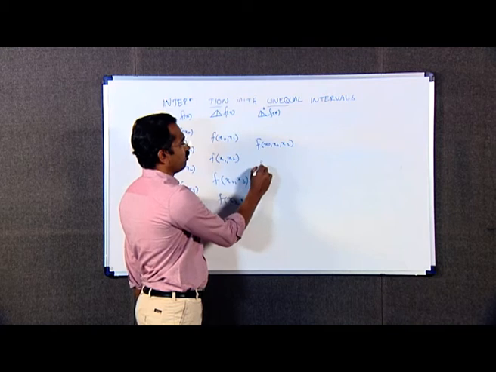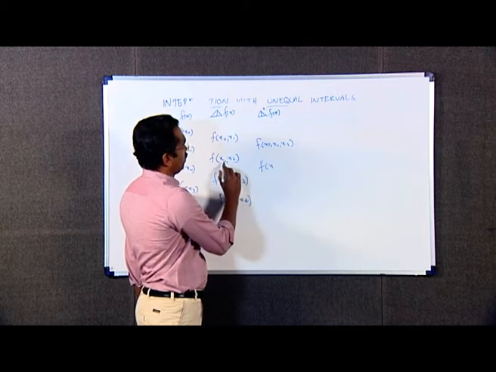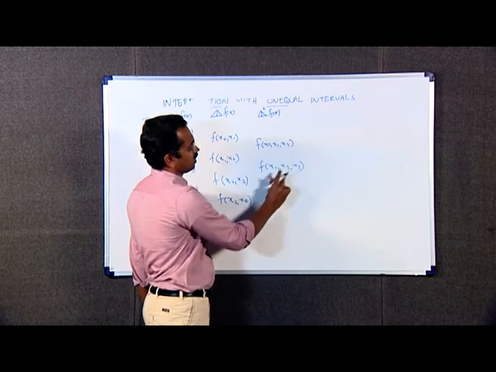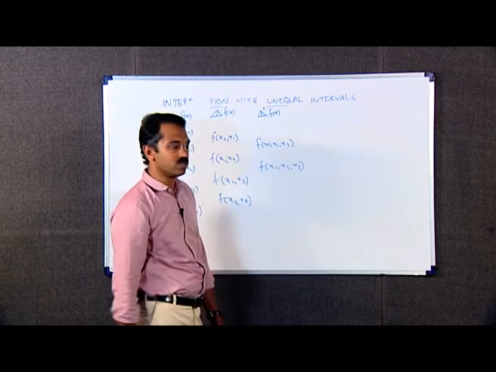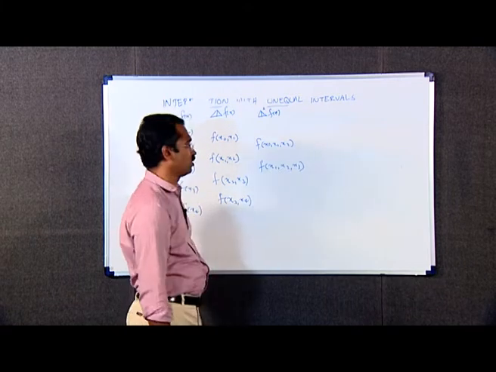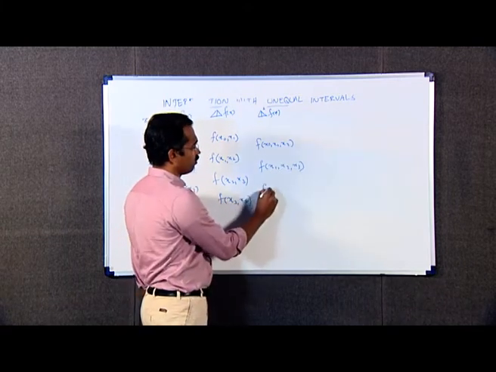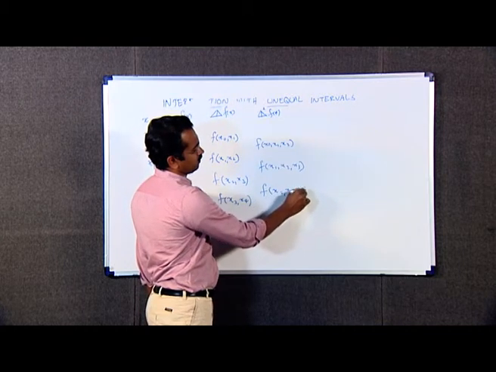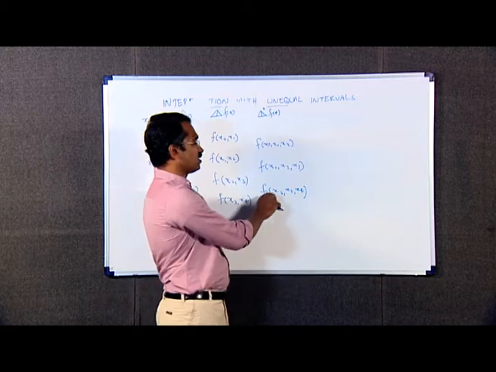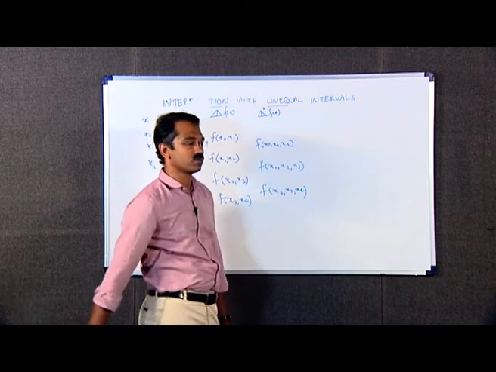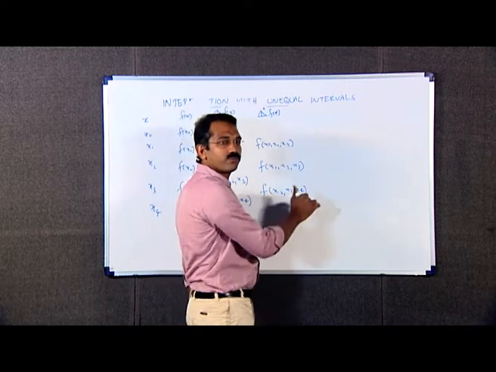Similarly, here f of x1 x2 x3, that is the second order divided difference corresponding to these 3 arguments x1, x2 and x3. Here f of x2, x3 and x4, that is the second order divided difference involving these 3 arguments x2, x3 and x4.